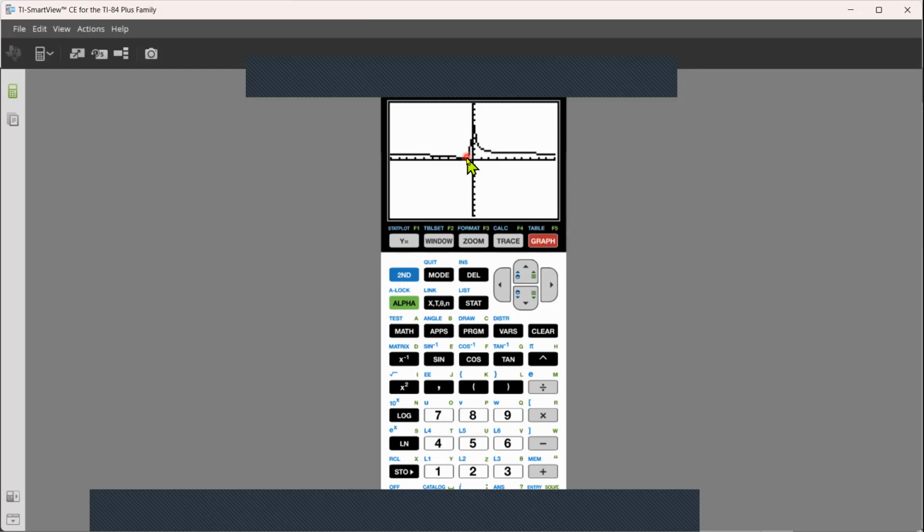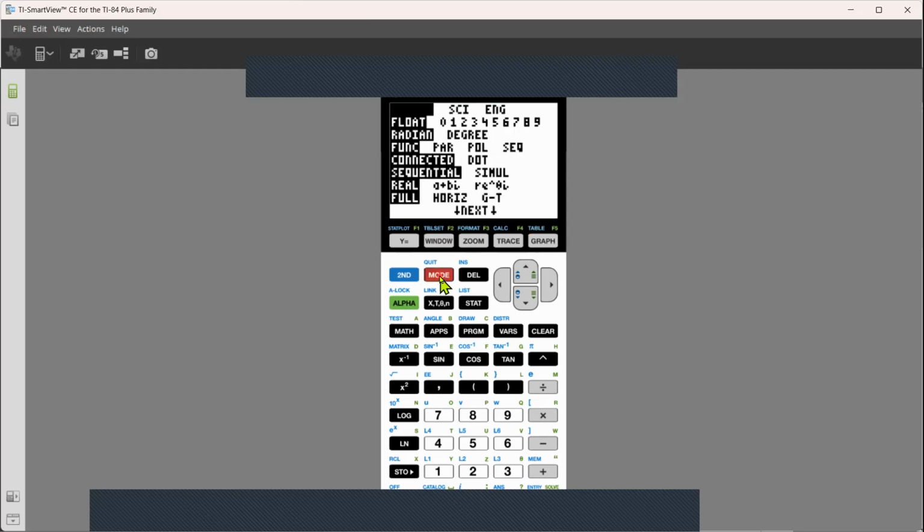So what you can do, you can either use your detective skills for algebra. But one thing you can do for a situation like that, if you go back to mode here, and you see how down here further on your list, you should have something that says connected versus dot. You see that?